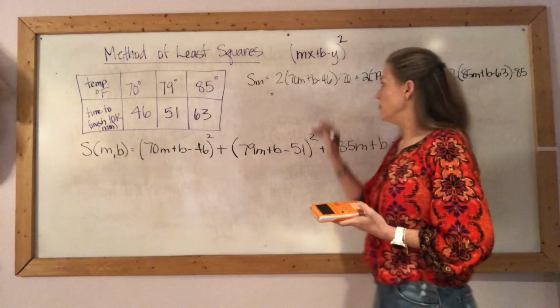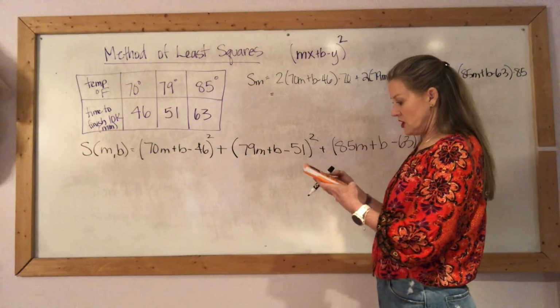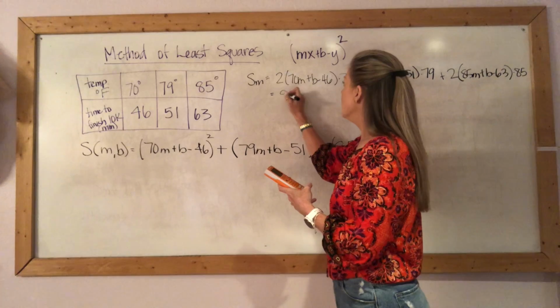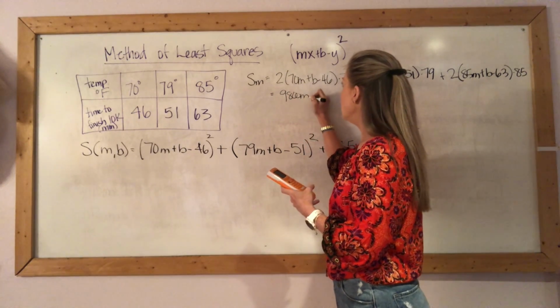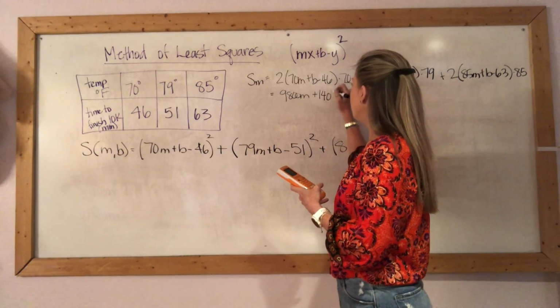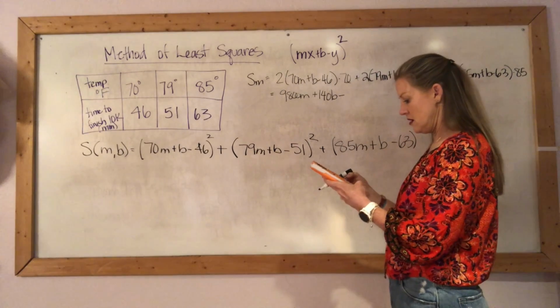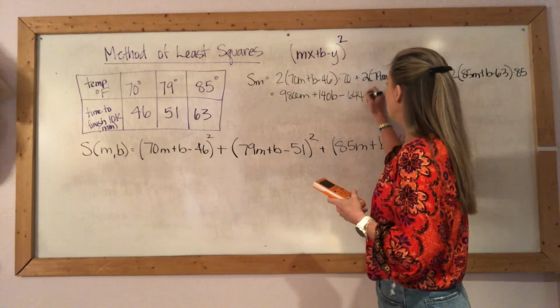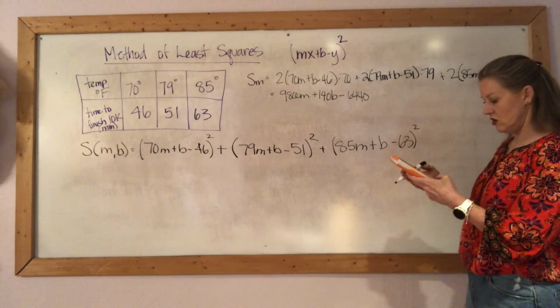Just pay attention to your numbers. So this will turn into 140 times 70, so that's 9800m plus 140b minus 6440 over here.